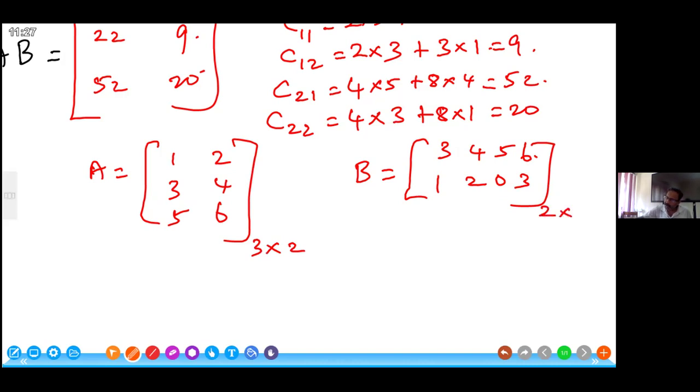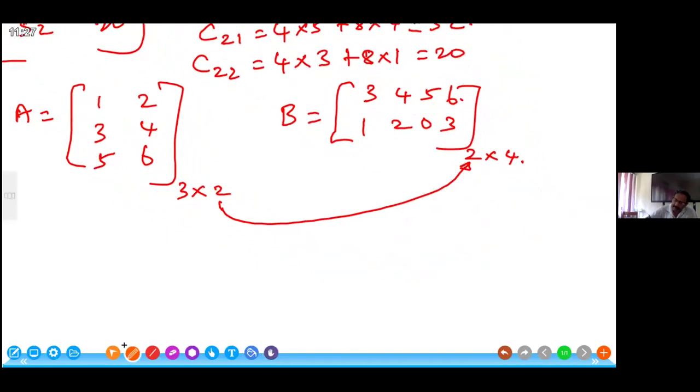This is 2 into 4. So you see, the number of columns in the first matrix should be equal to the number of rows in the second. So we can multiply. Now give me the answer, AB. I'll give you 5 minutes. Give me the answer.